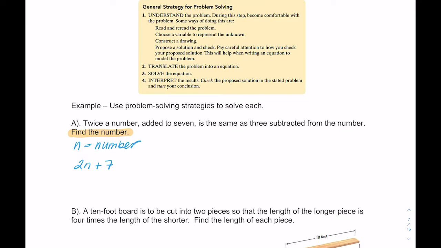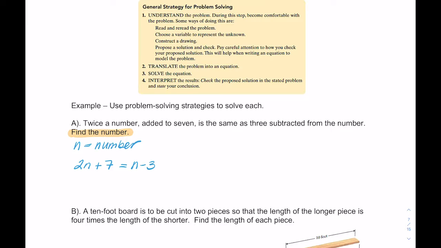Is the same as is another way of saying equals. So equals 3 subtracted from a number. So remember, we talked about when you have the phrase subtracted from, that means you're going to reverse the way that it's written. So we won't put 3 minus n, we'll do n minus 3. Because you're subtracting 3 from the number, so you need to start with the number.